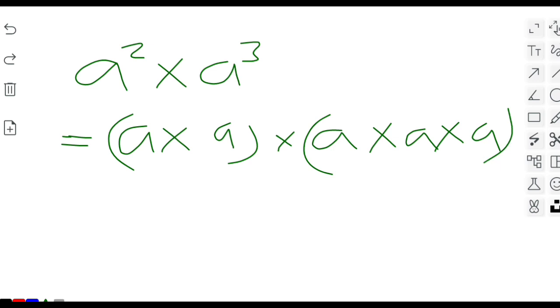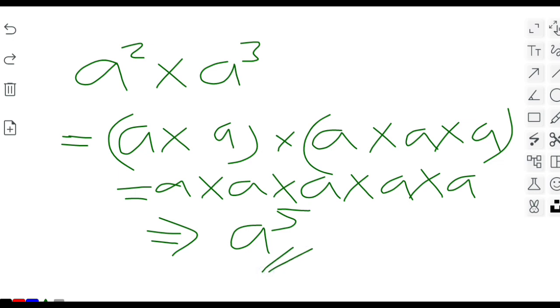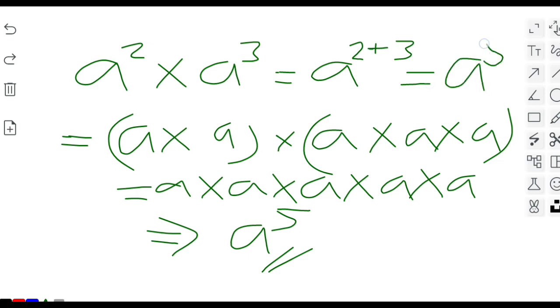So I have a times a times a times a times a in 5 places. So this implies that a is raised to the power of 5, and that's going to give me my final answer. And if I want to apply my multiplication rule of indices, I'm going to have a raised to the power of 2 plus 3, since they have the same base, and this will be a raised to the power of 5.